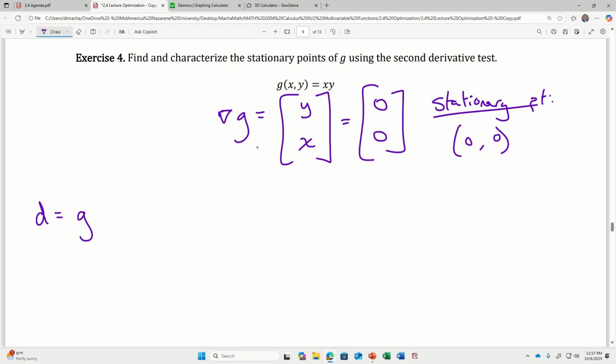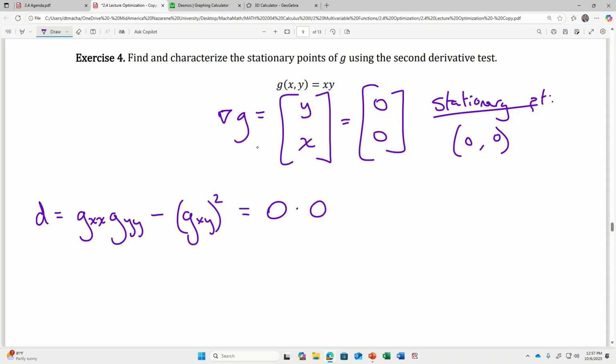now we need the second partial with respect to x times the second partial with respect to y minus the mixed second partial squared. What's the second partial derivative with respect to x? 0. What's the second partial derivative with respect to y? 0.